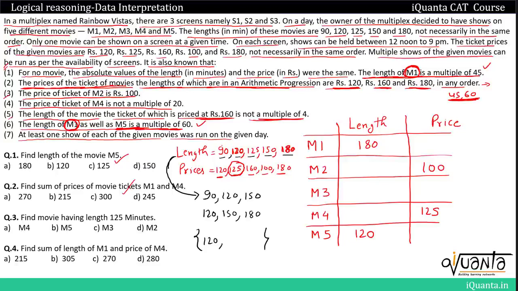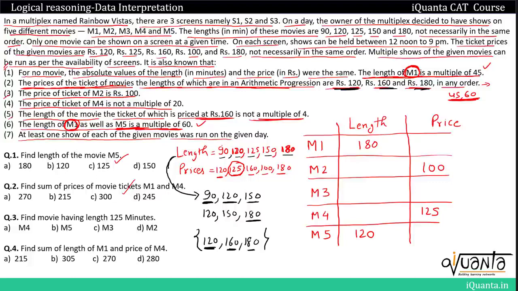So the prices that we can assign to these three movies can be 120, 160 and 180, because it was given in the second point, and these prices could be of any movie among these three. Now we can see that these prices 160, 120, 180 can be assigned to the movie of length 90, 120, 150 and 180.